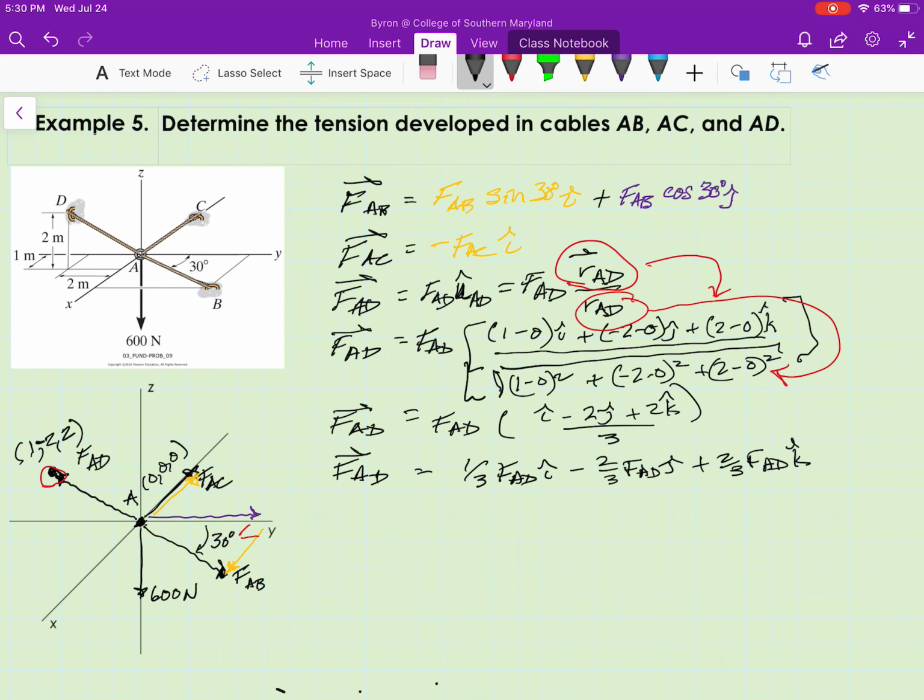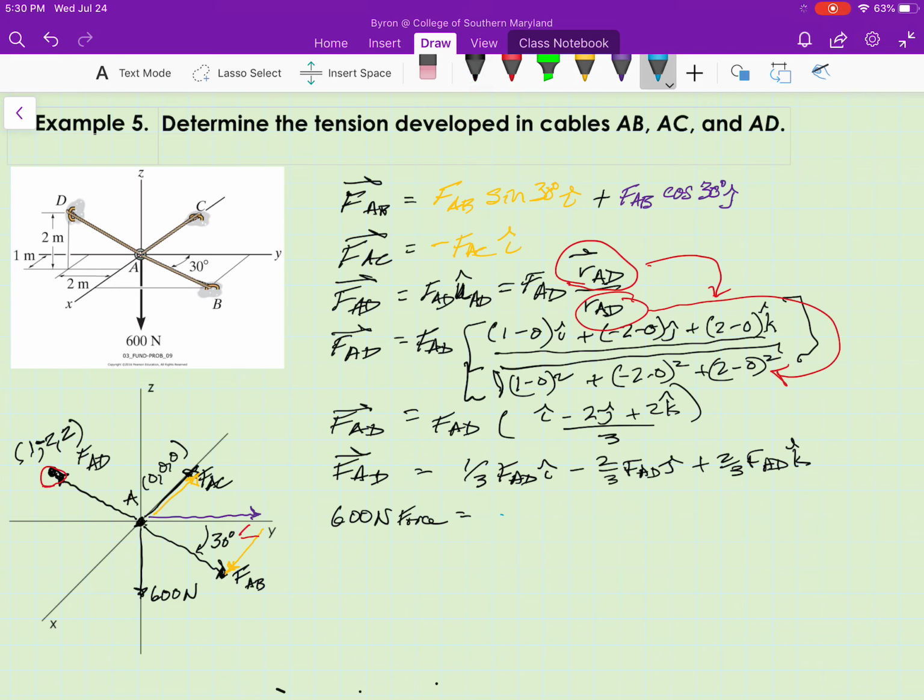Okay, so I have one more force I need to worry about, which is the 600 Newton force. So I'll just say 600 Newton force equals, and I got away from my color scheme here, that's in the K direction. So let me put this in blue.